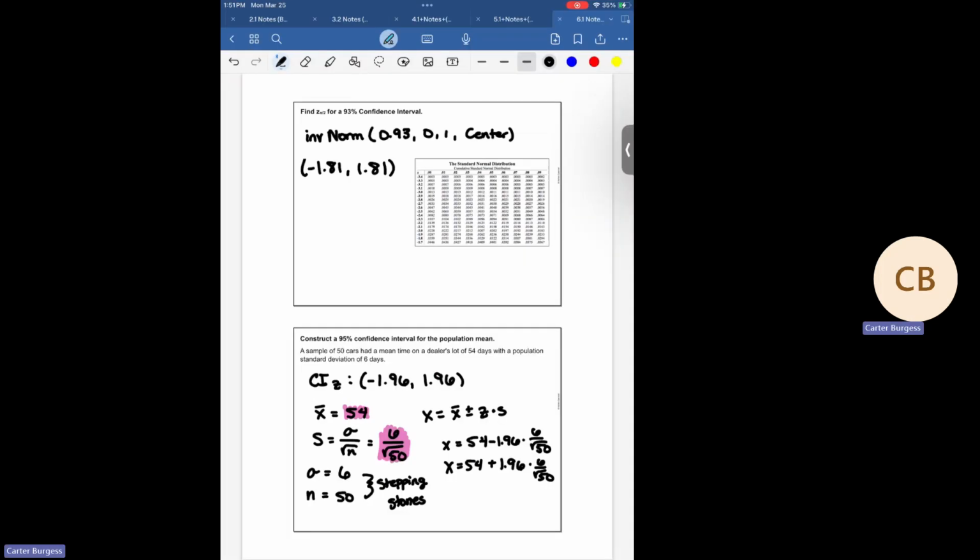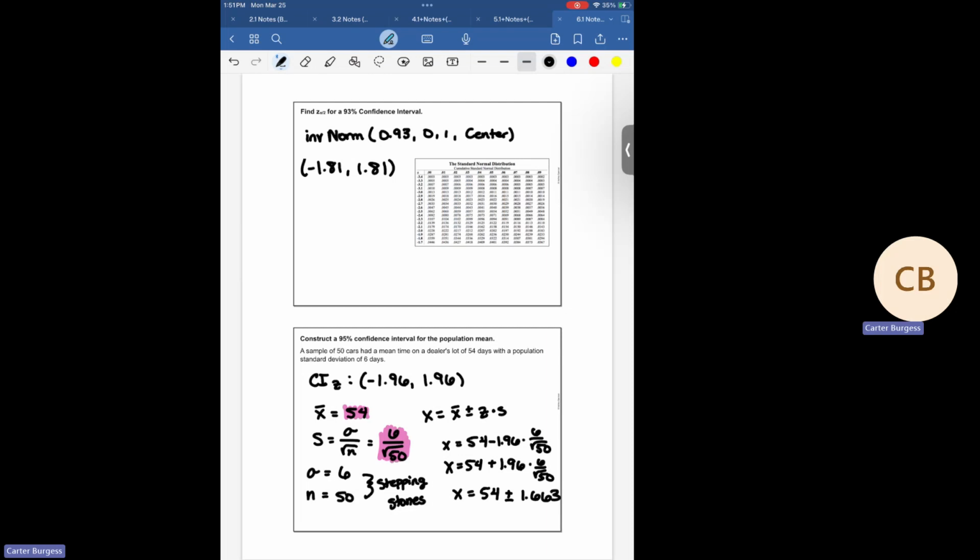So our mean here, or our x, should be 54 plus or minus 1.663, which is a perfectly okay way to represent this.